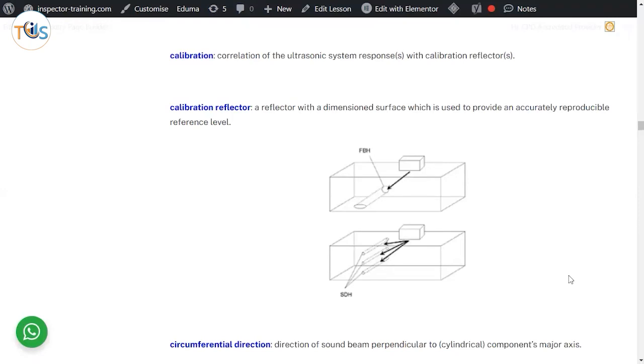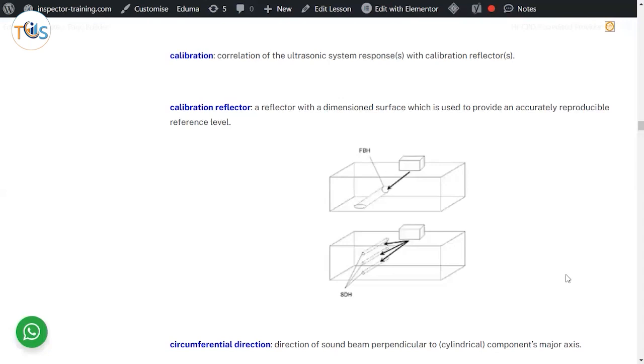A calibration block has known defects, drilled holes with known size, diameter, location and depth. With that known, you throw the sound beam towards that by a probe, place the probe on the calibration block, and if you get the correct reading, you have practically calibrated your instrument.